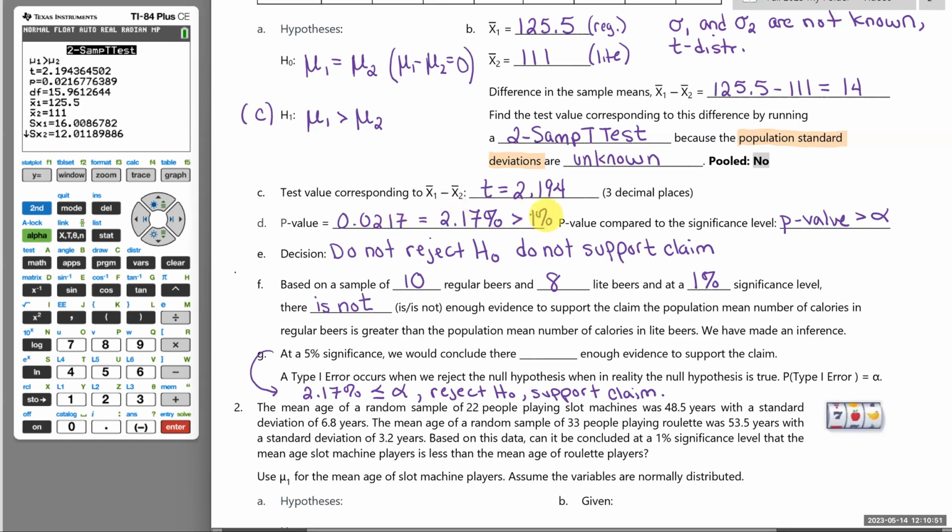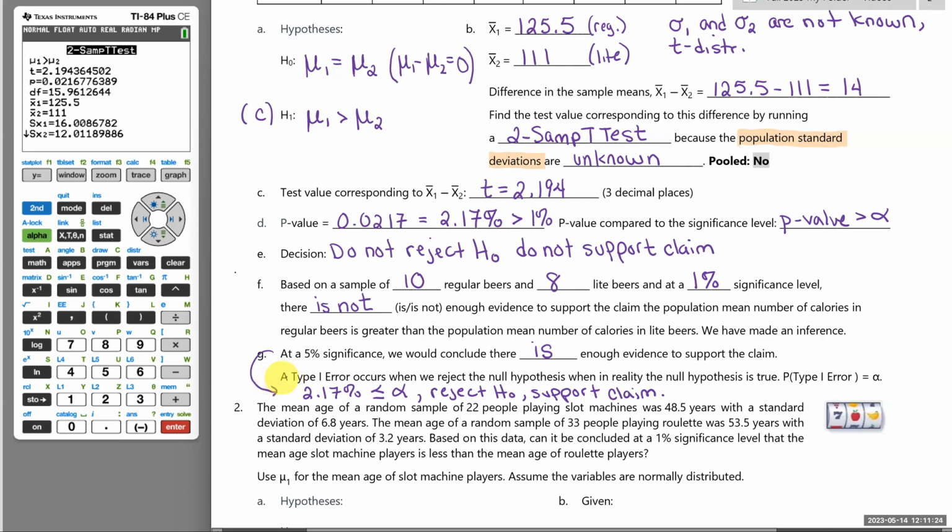But if I change it to a 5% significance level, it means that I've changed my criteria for what I call a significant finding. So at a 5% significance level, I am able to say at that level, then I do feel like I have enough evidence to support my claim. So that's why the alpha is setting this threshold for whether or not you consider your evidence strong against the null hypothesis.